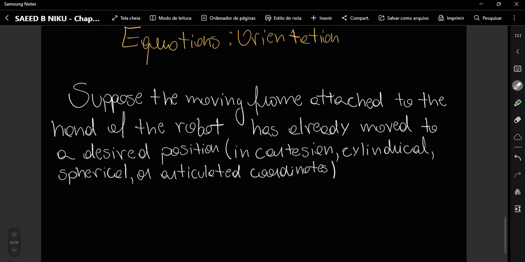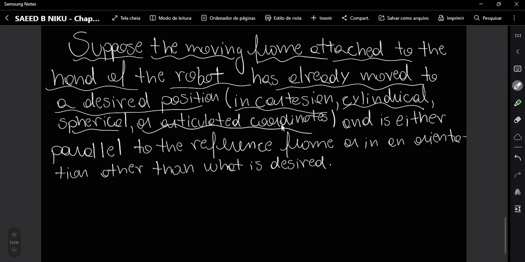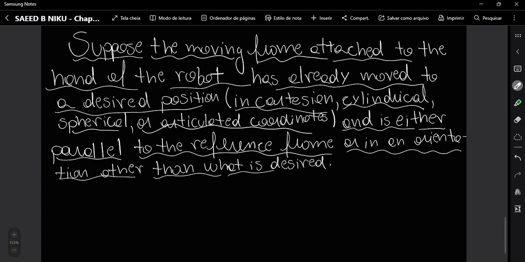So we have to suppose that the moving frame attached to the hand of the robot has already moved to a desired position in Cartesian, cylindrical, spherical, or articulated coordinates, and is either parallel to the reference frame or in an orientation other than what is desired.